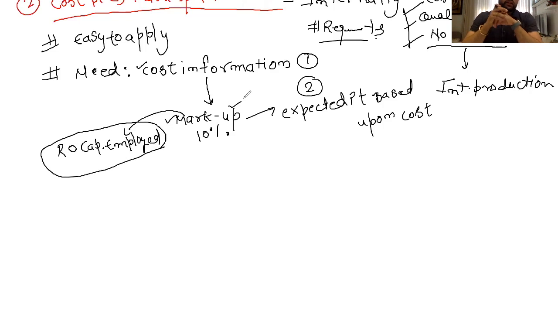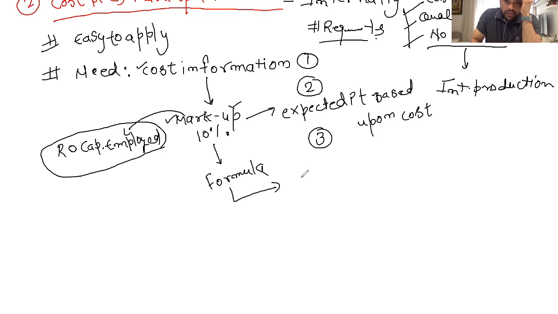Okay, so once we identify the markup, then of course we use the formula to determine the price. All right, so let me write down here number 3, which is a formula. So what formula we will apply? Formula is cost. One thing I forgot to explain: cost means average total cost.